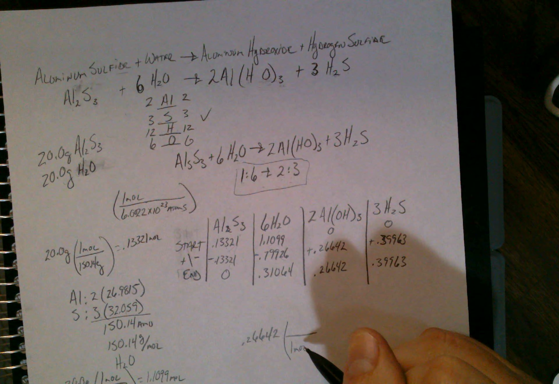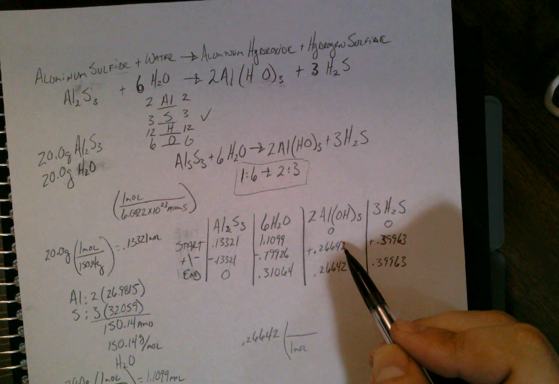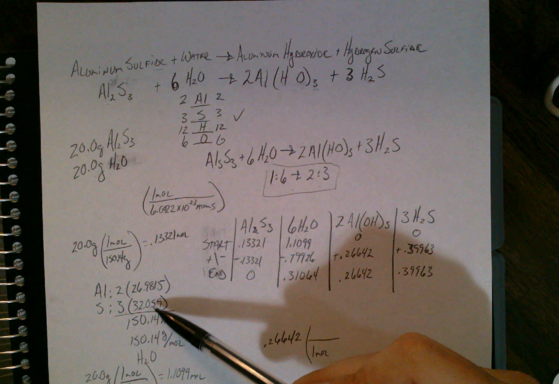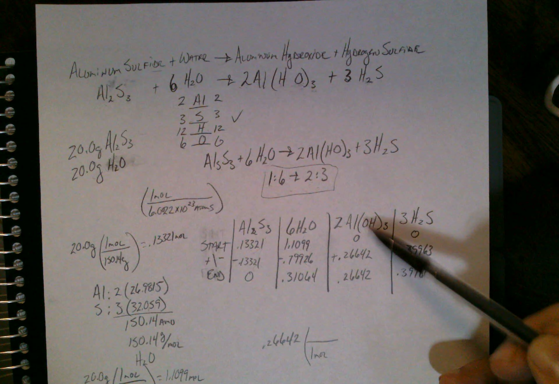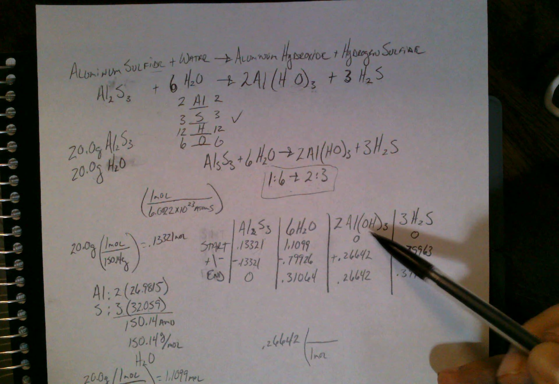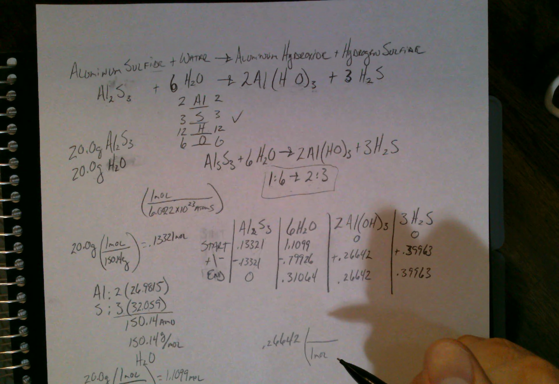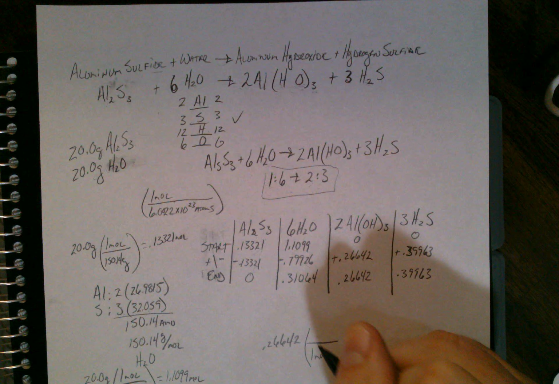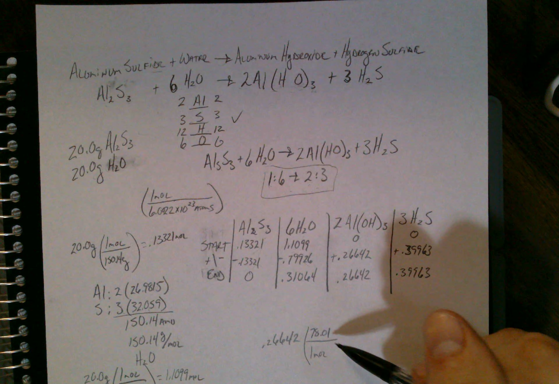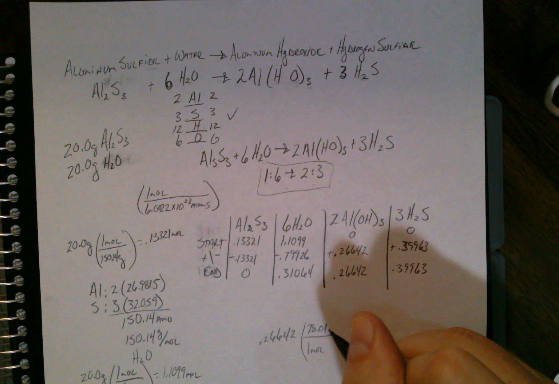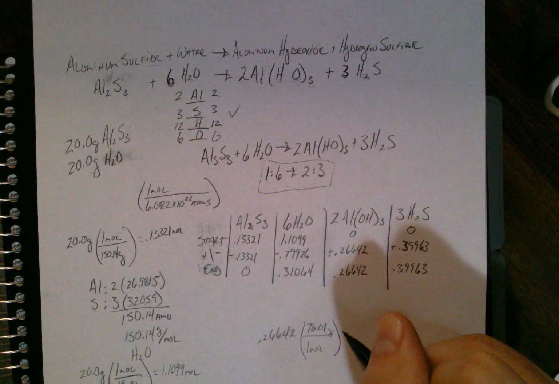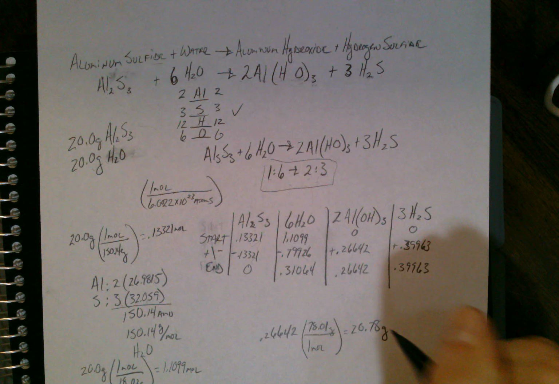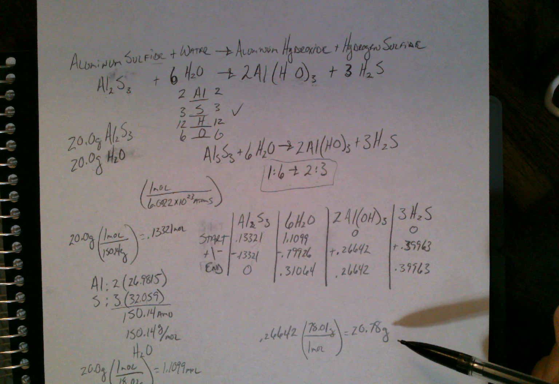I can tell you I have figured out the molar mass of this particular molecule, and you can use the same method to figure it out. So 0.26642 times 78.01, which is the atomic mass unit of that, but it's also grams per mole because they translate so well, which is super convenient. You get 20.78 grams. So you have produced 20.78 grams of aluminum hydroxide.